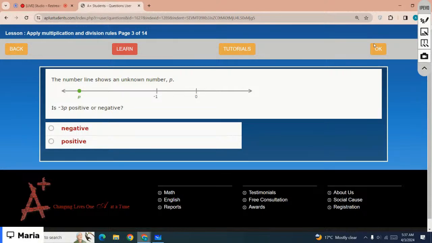P is already a negative number, right? And when you multiply a negative number with a negative number, the answer is always a positive number. So negative 3p is a positive number.